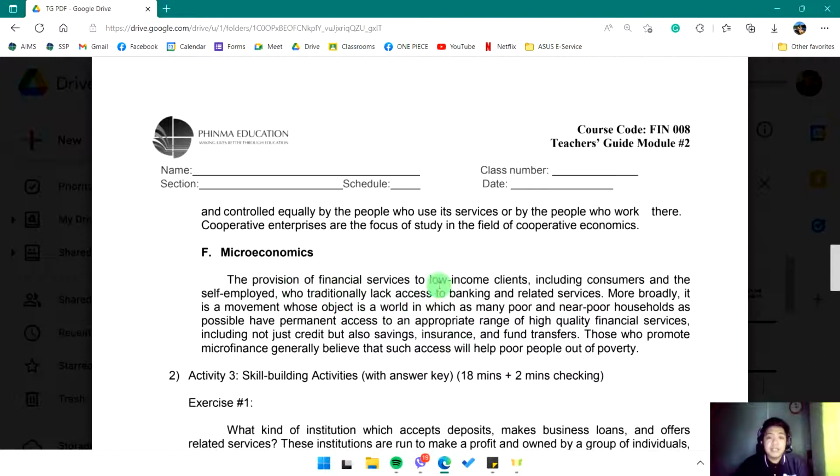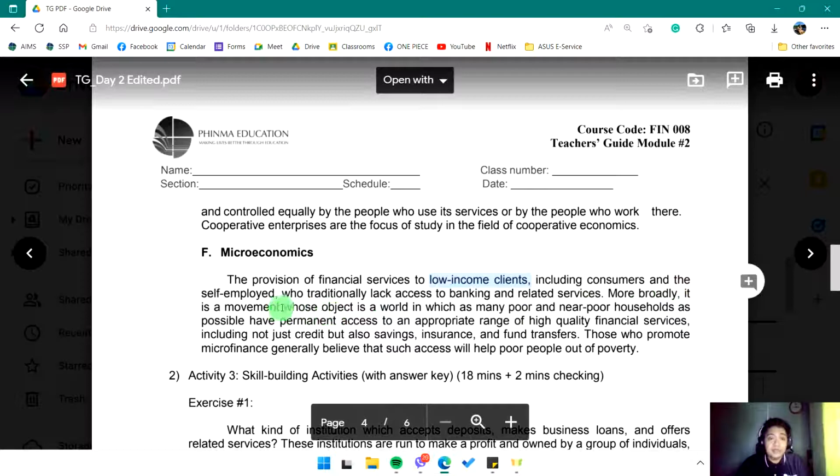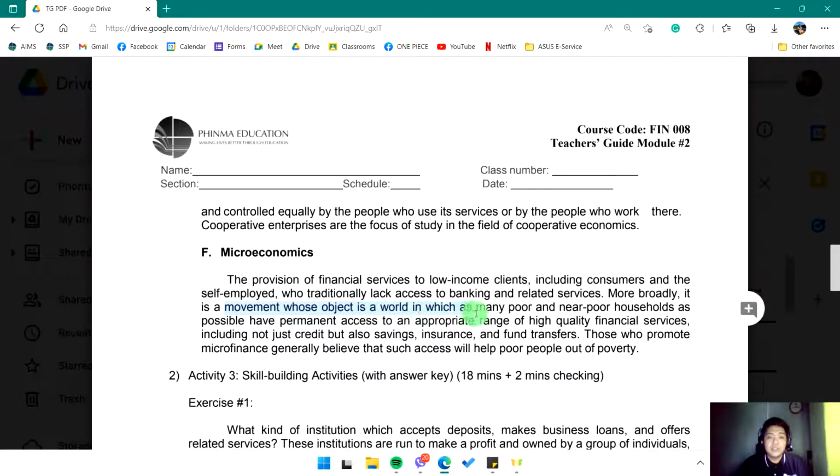Provision of financial services to low-income clients, including consumers and the self-employed, who traditionally lack access to banking and related services. More broadly, it is a movement whose object is a world in which as many poor and near-poor households as possible have permanent access to an appropriate range of high-quality financial services, including not just credit but also savings, insurance, and fund transfers.